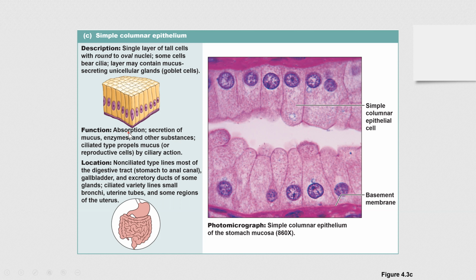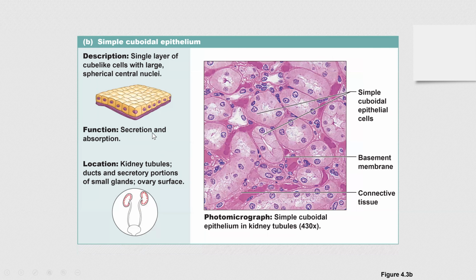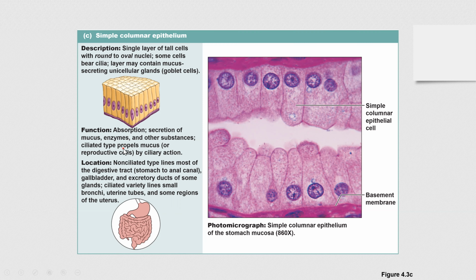So the function, absorption and secretion, is the same as cuboidal. But because we can have, for example, cilia for movement, we will find it in the parts of your body where you need movement of mucus across the surface, for example.